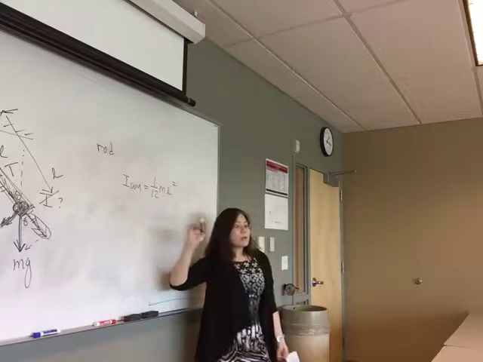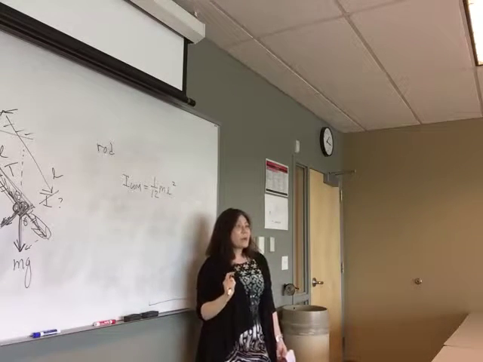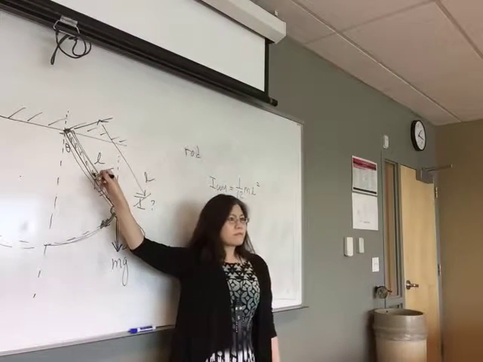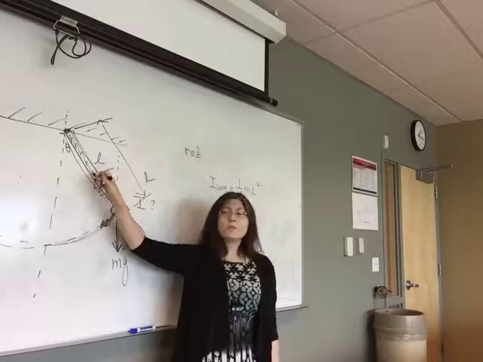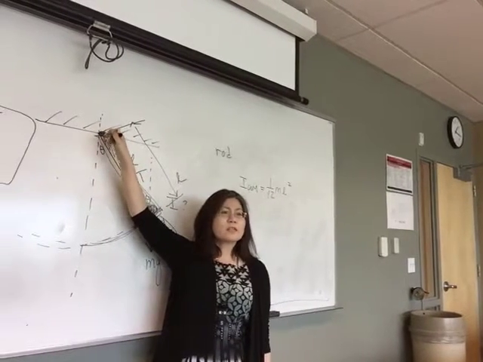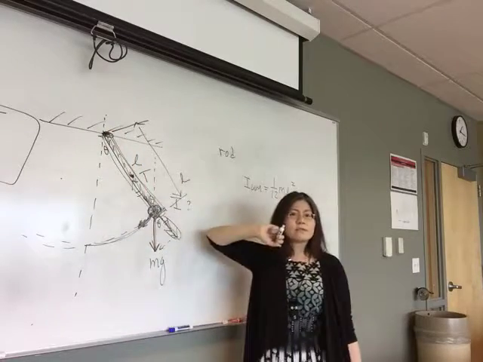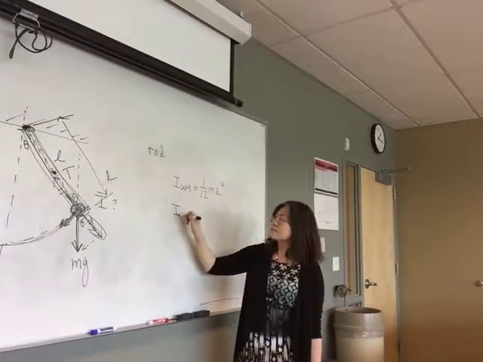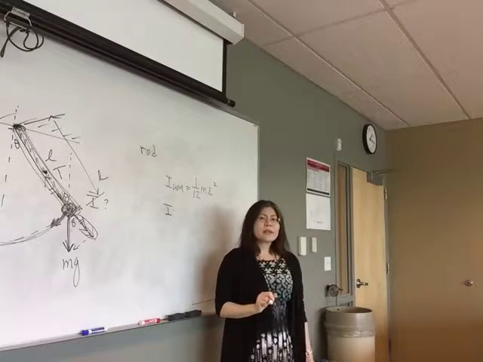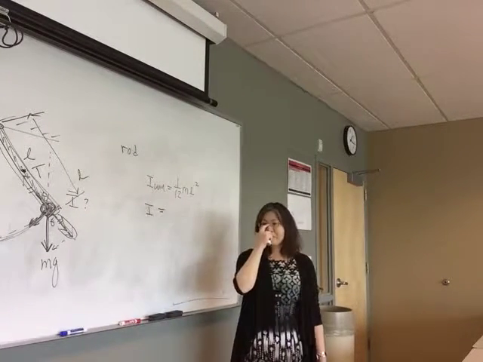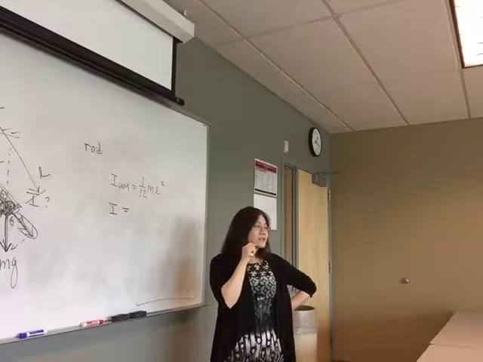That's the rotation through the central mass. But is it rotating about the central mass? It is rotating about this location, right? So what is the rotation inertia then? It's not I_COM. Parallel axis theorem.